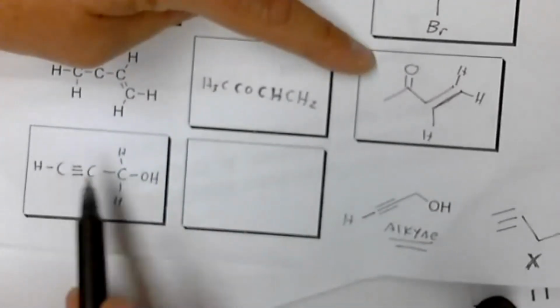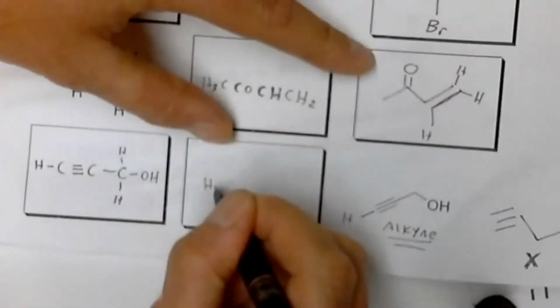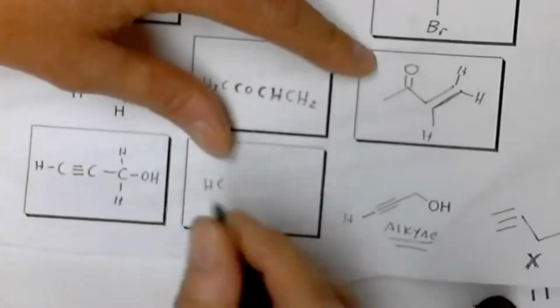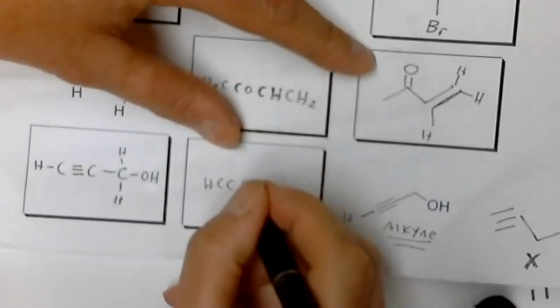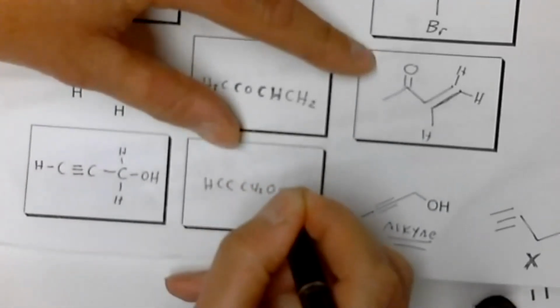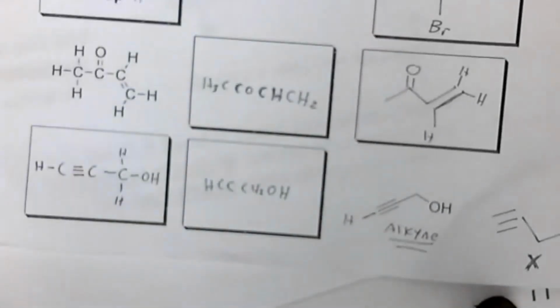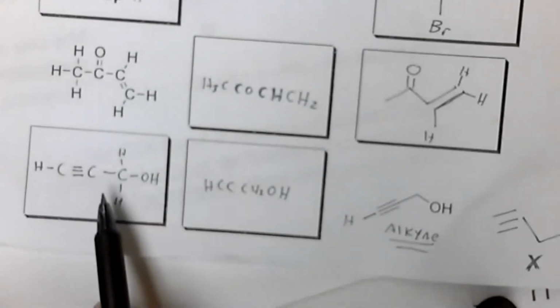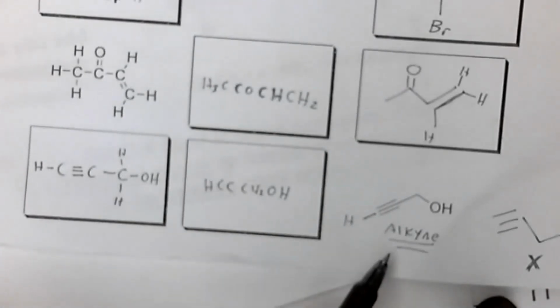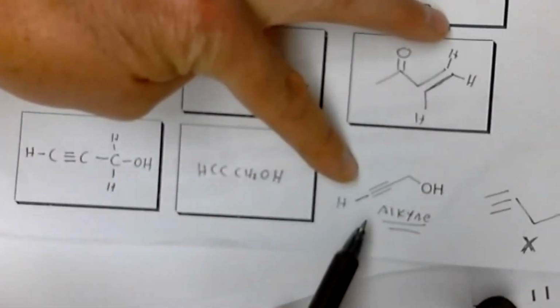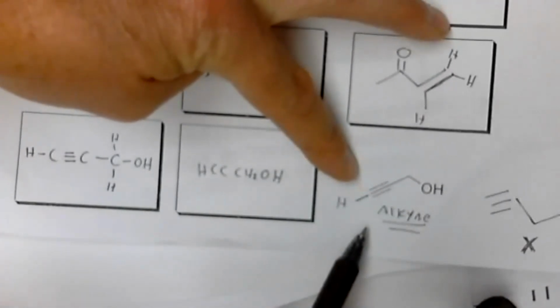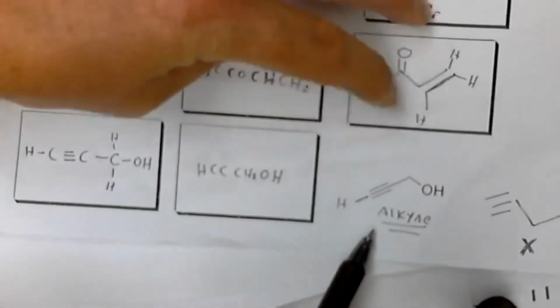Well, all we're going to do is say HC, C, HC, C, CH2, OH. Again, that's not a very useful way to draw the molecule. I would say Kekulé and skeletal are better, and skeletal is actually the best and simplest, the most efficient way to draw organic molecules. Okay, cool.